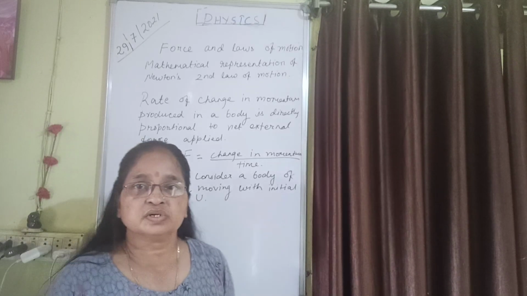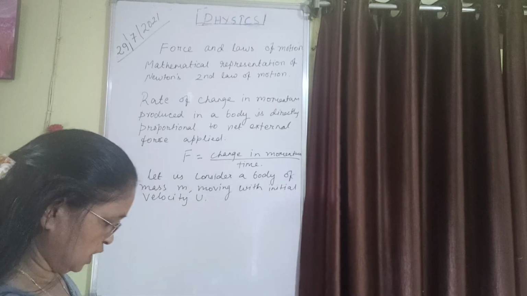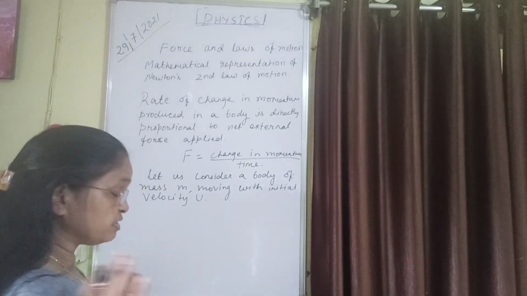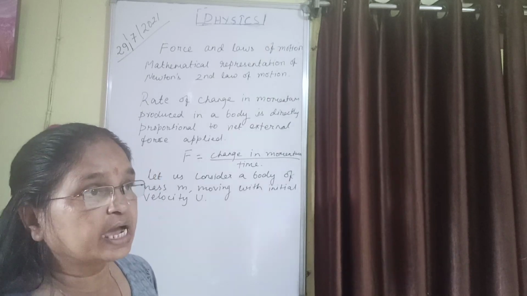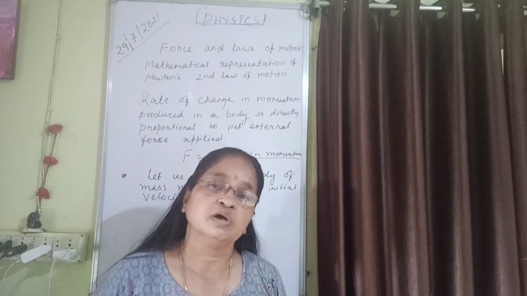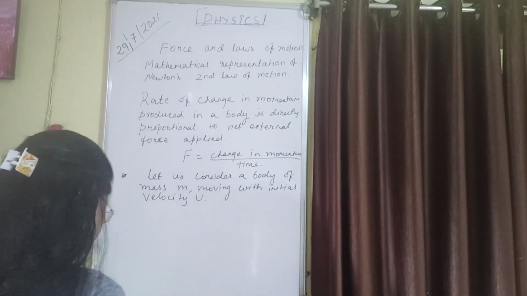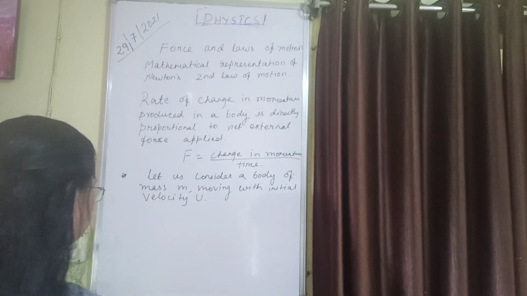So it is moving with initial velocity u. But one thing to remember, students: at time t equal to 0, the force is also a constant. Then what will you write?